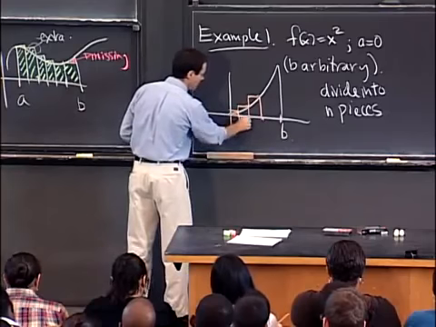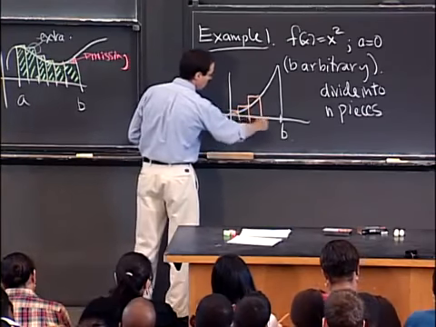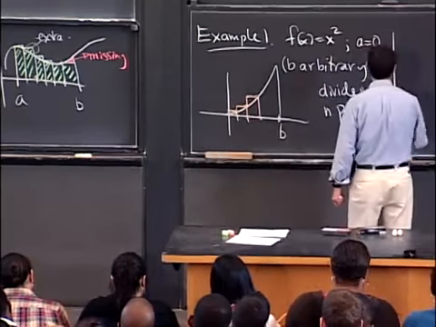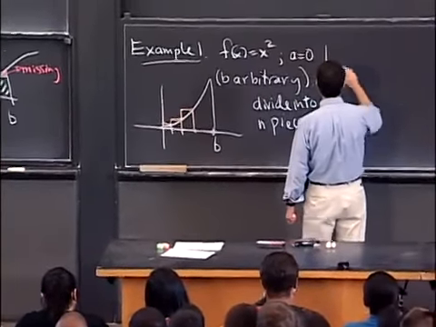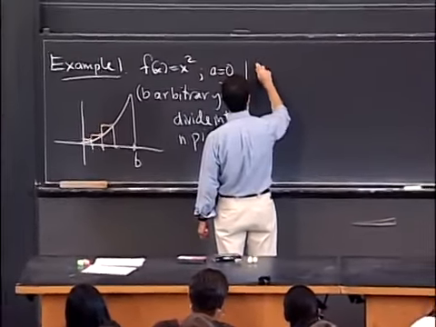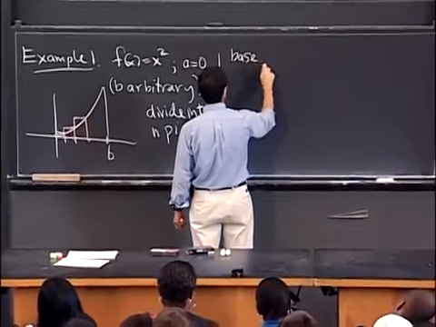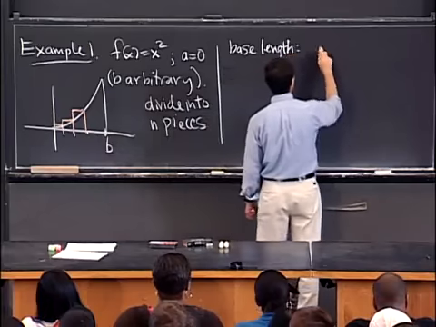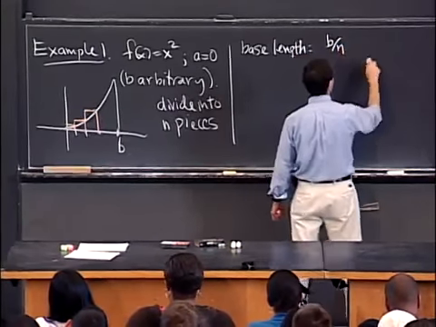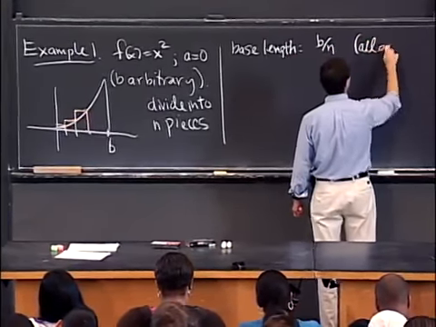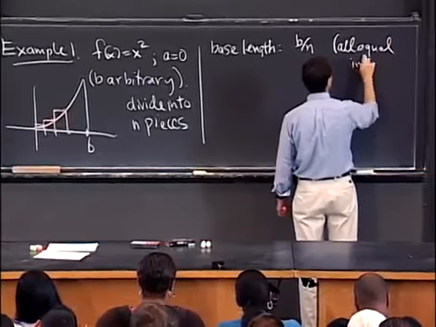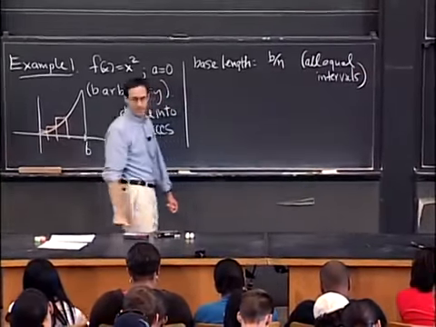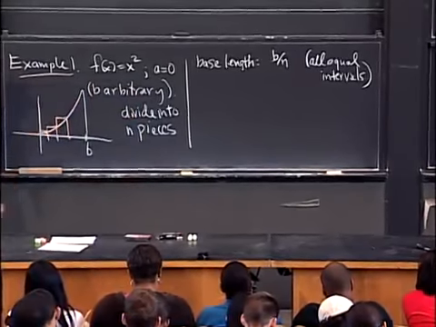And in this case, I'm assuming that these distances are all equally spaced intervals, and I'll always be doing that. And so the spacing, the base length, is always b divided by n, all equal intervals. So that's the base length.